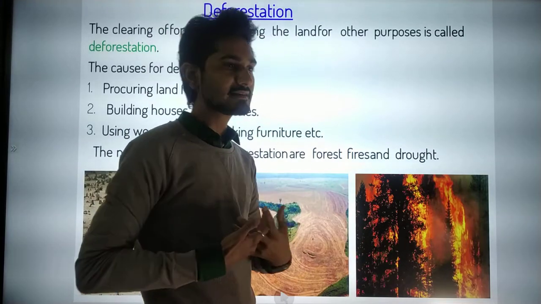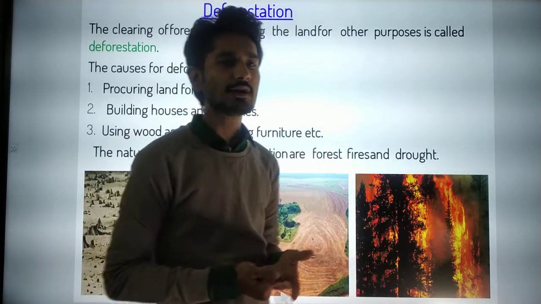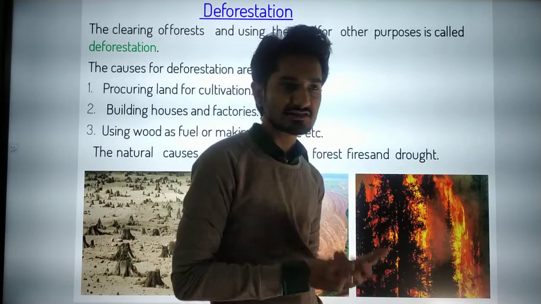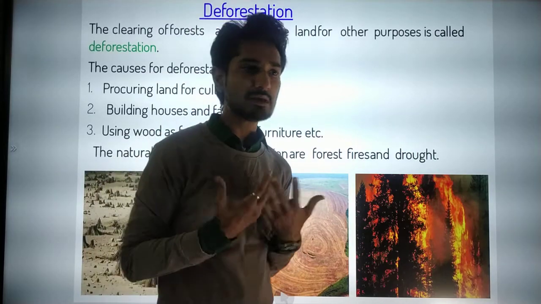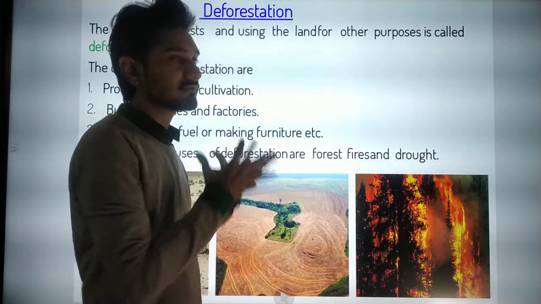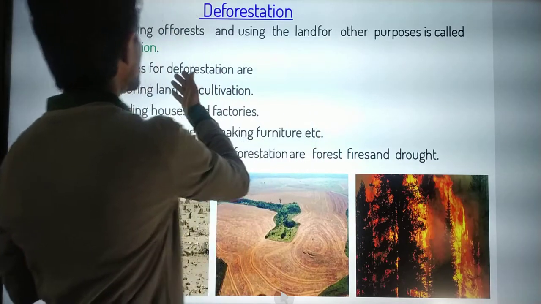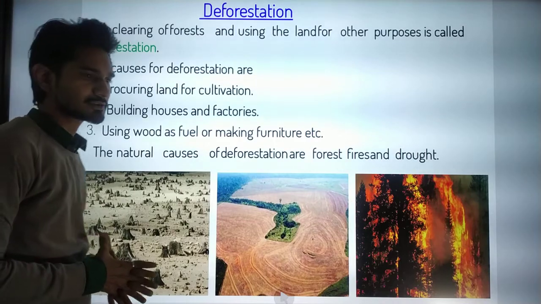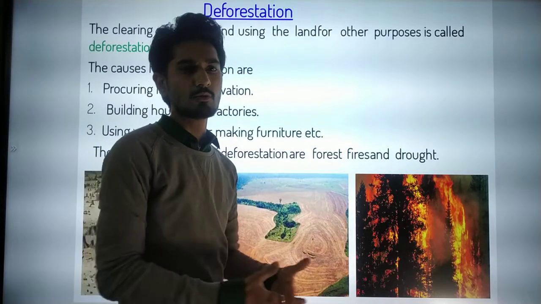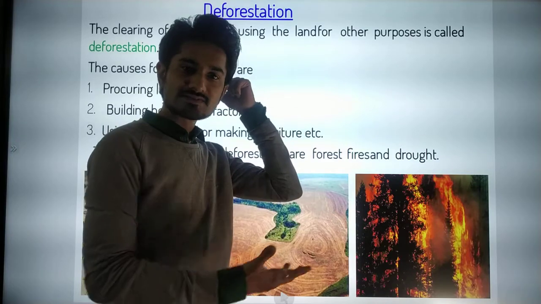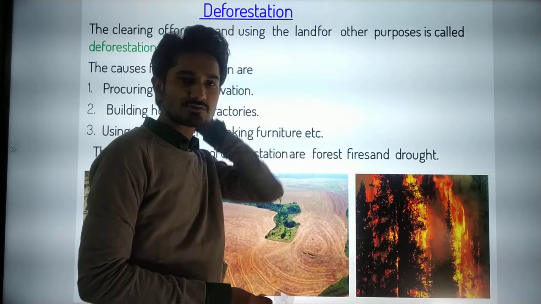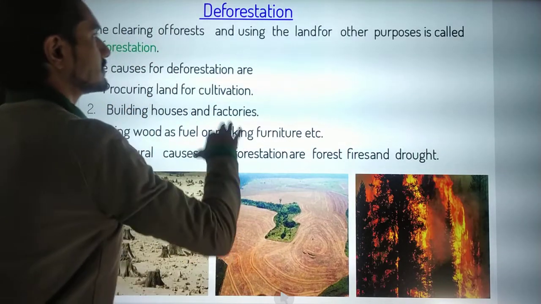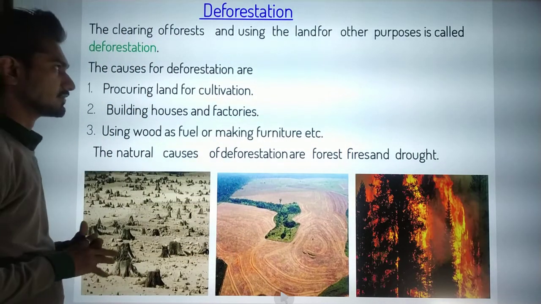That is the main reason we cut the trees, because we want to build something: a mall, industries, a paper industry. Those are the main reasons that we harm the forest. So clearing a forest and using the land for other purposes, like making malls, homes, houses, industries or power plants, is called deforestation.